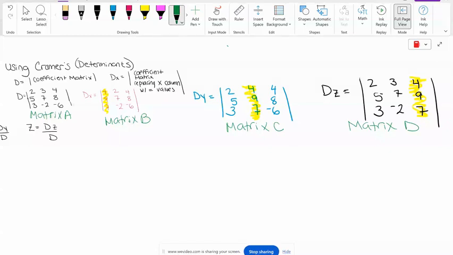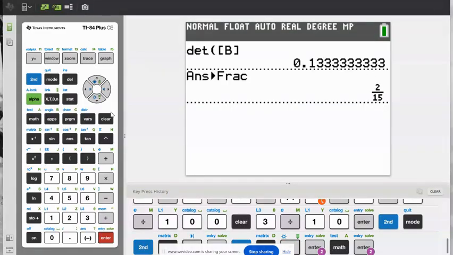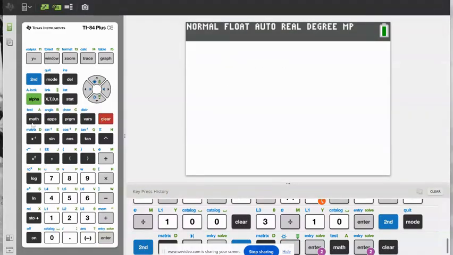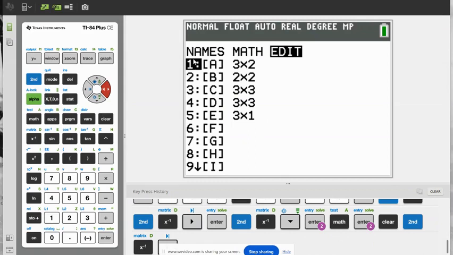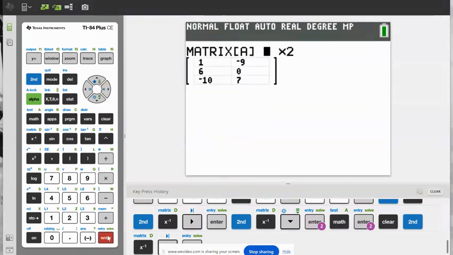Are we ready to go to our calculators and enter this all in? All right, so there's a lot going on here. So we're going to do second matrix. I'm going to scroll all the way to edit. I'm choosing matrix 1. And do we all agree it's a 3 by 3?